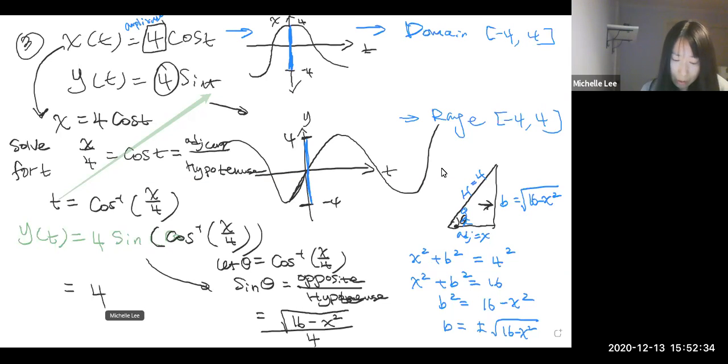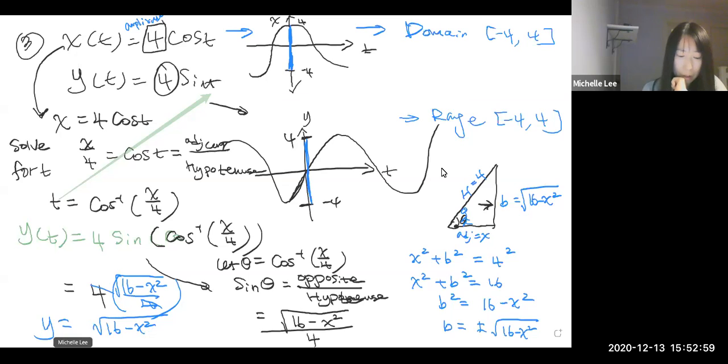Now I'm going to rewrite everything: the square root of 16 minus x squared over 4. Okay, so simplify, and we get the square root of 16 minus x squared.